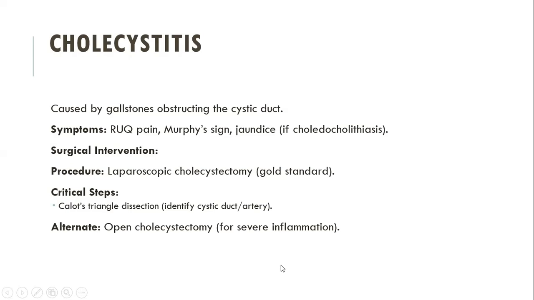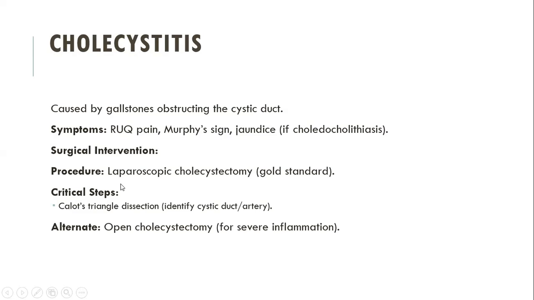So when the patient deeply inhales, and if you palpate just below the ribs in the right upper quadrant, the patient will have pain. This is called Murphy's sign, and it is basically associated with an inflamed gallbladder, right?